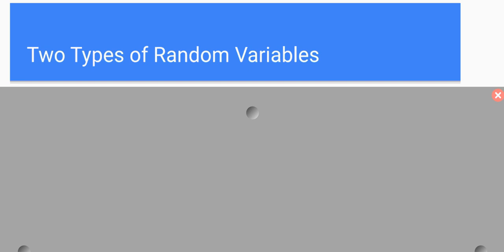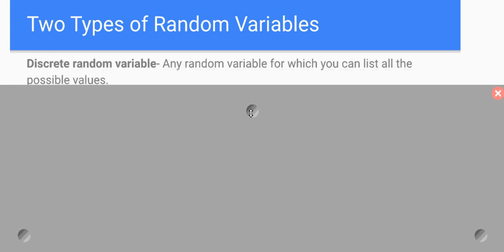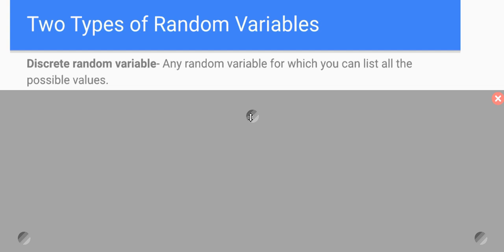We're going to be dealing with 2 types of random variables as we proceed. The first one is discrete. If we've got a random variable where you could list all the possible values that it could take, that's discrete. Take the example we were just talking about. You're flipping a coin 10 times and keeping track of the number of times it comes up heads.